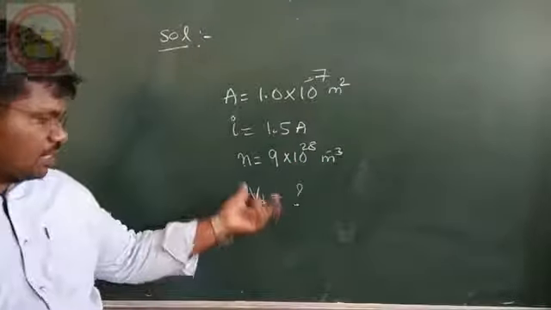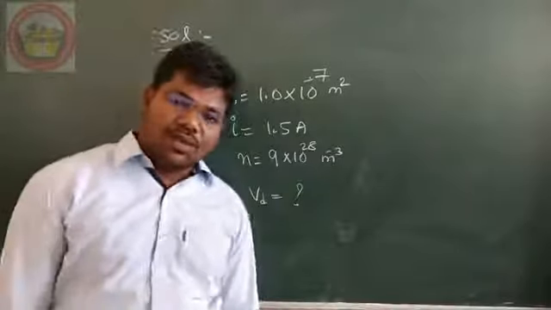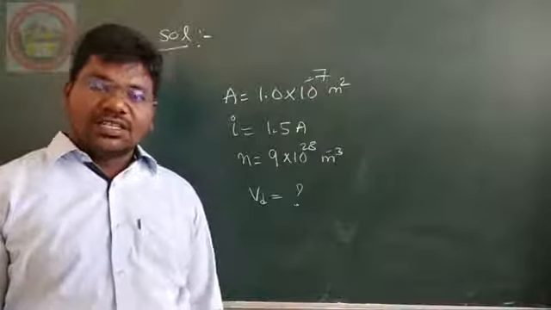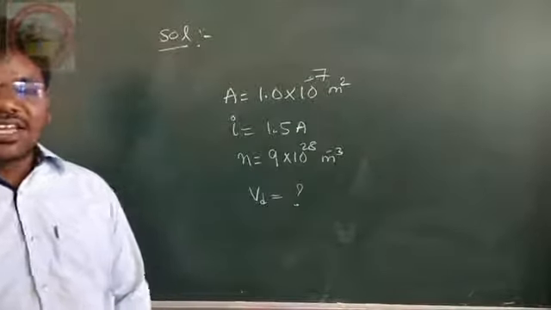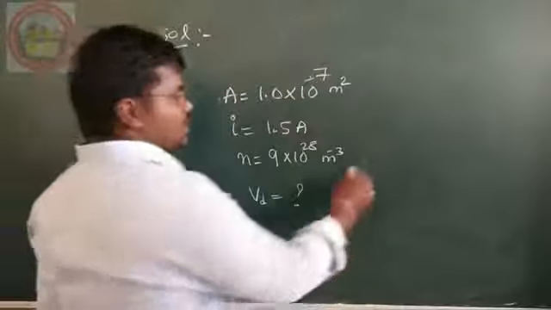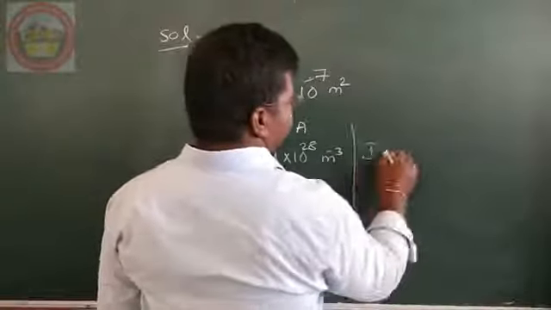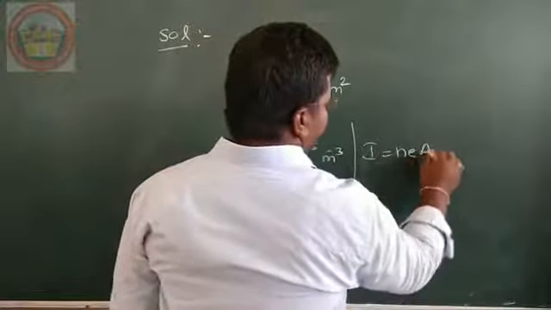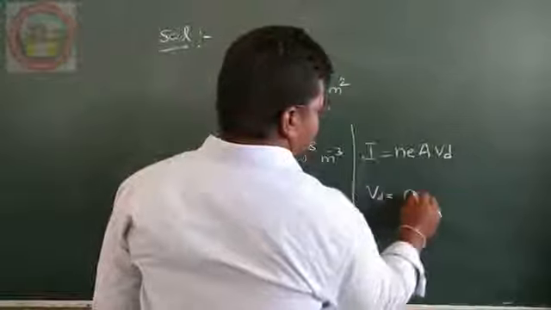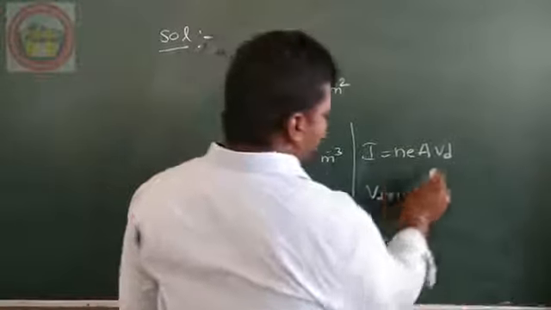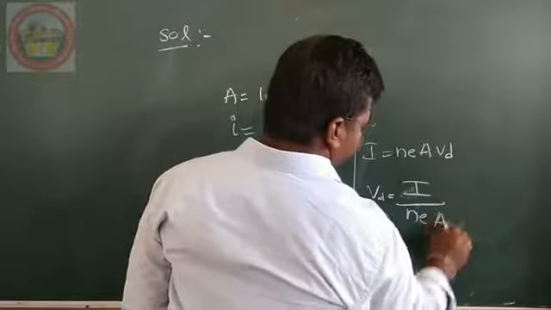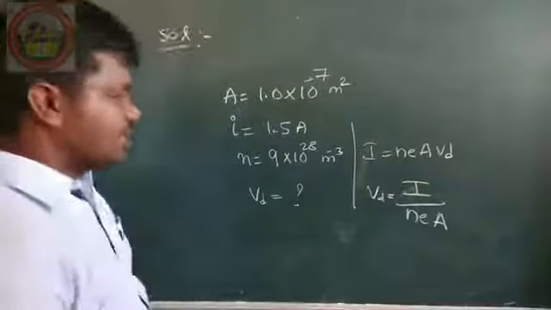From the above problem, what we have to find is drift velocity. Is there any formula to find drift velocity? Yes. The formula is I is equal to neA Vd. Then Vd is equal to I divided by neA. Okay, understand?